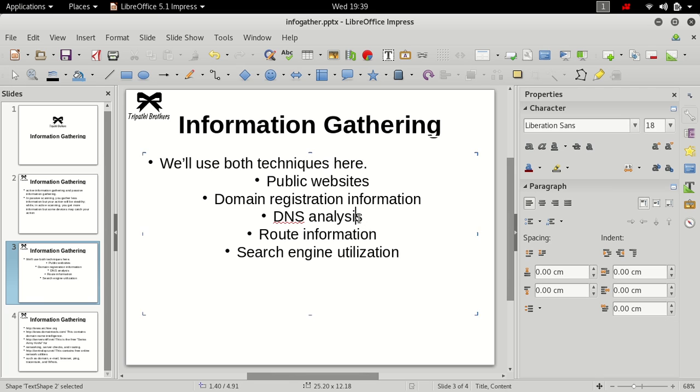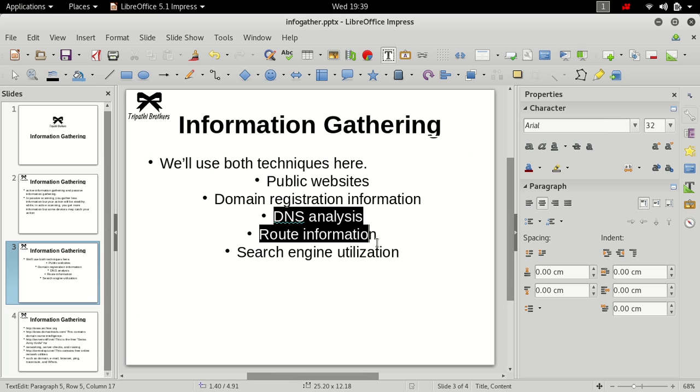Then DNS analysis, domain name server analysis, and route information. Route information means how my packets are going through the route. We will analyze the path through which the packets are going.